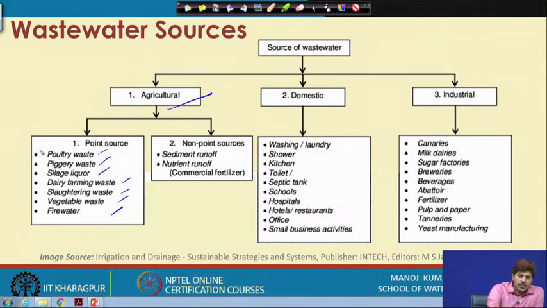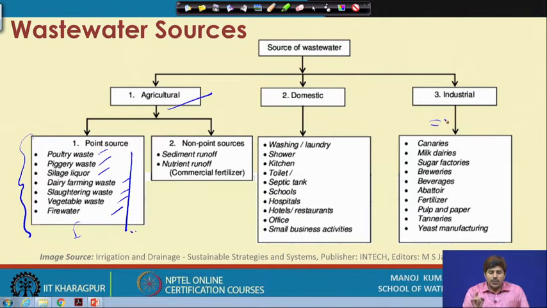Although this may not essentially be considered agricultural waste, and many references will not consider this as agricultural waste, rather they consider it a form of industrial waste, because a slaughterhouse is an industry, vegetable processing is an industry, poultry farming is an industry, dairy farming is an industry. So, many of these can also be considered a component of the industrial wastewater.